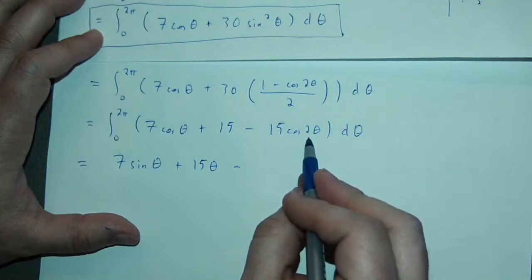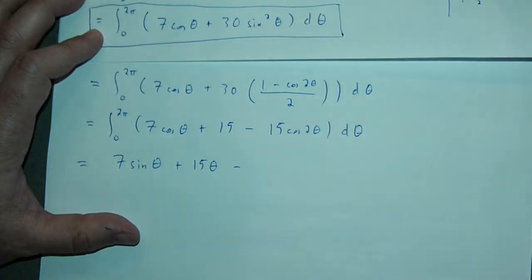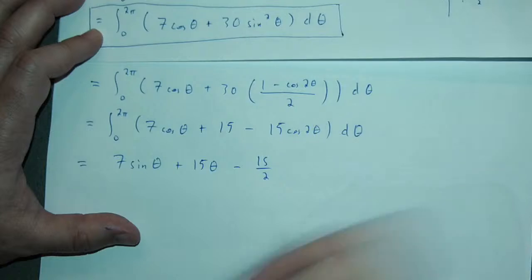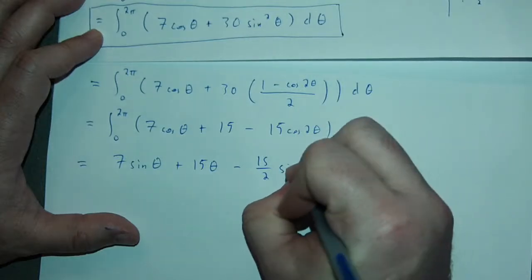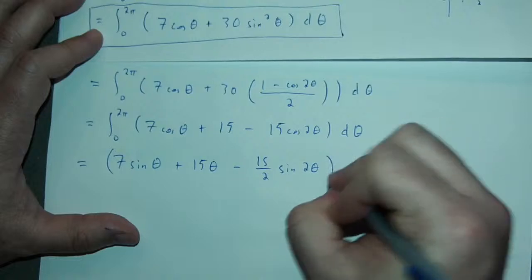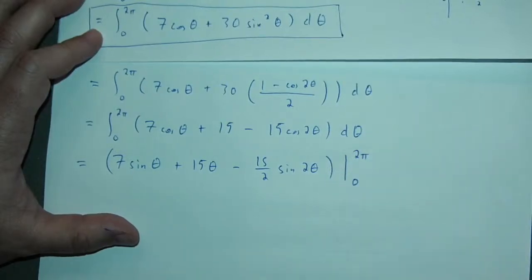So remember, I have to use u-sub. If u is equal to 2 theta, then I'm going to get an extra factor of 2, which I have to account for by multiplying by 1/2 on the outside of the integral. So this becomes 15 over 2 times sine of 2 theta. And all this is evaluated from 0 to 2 pi.